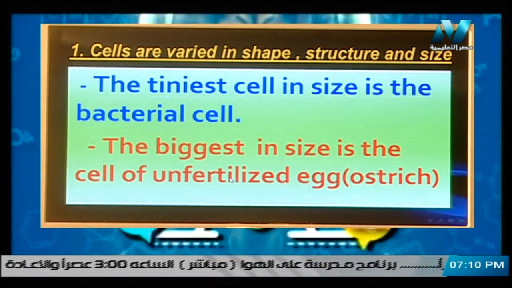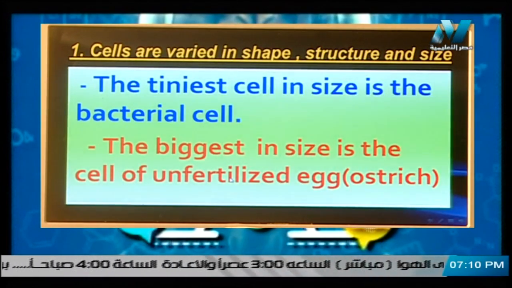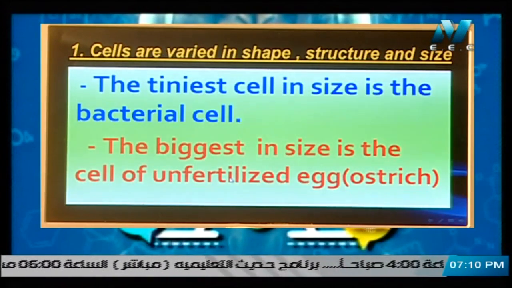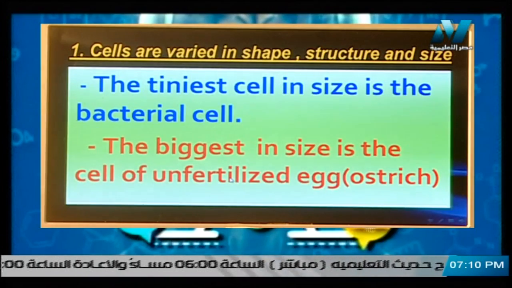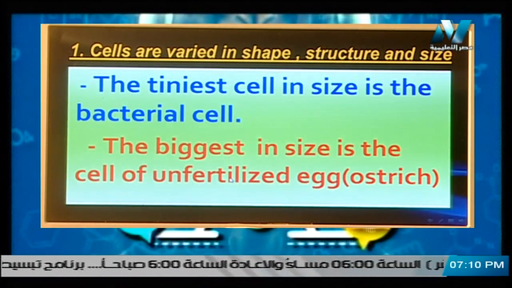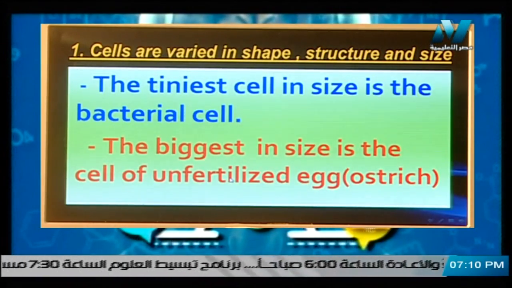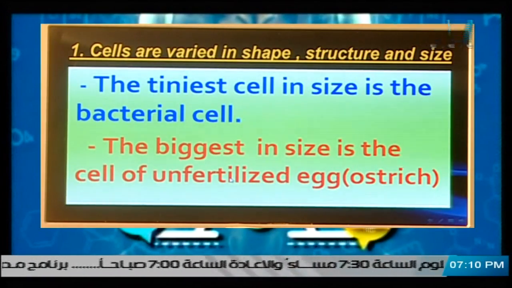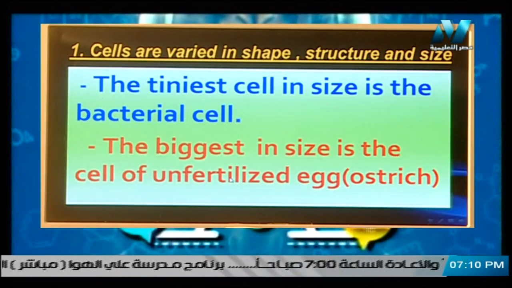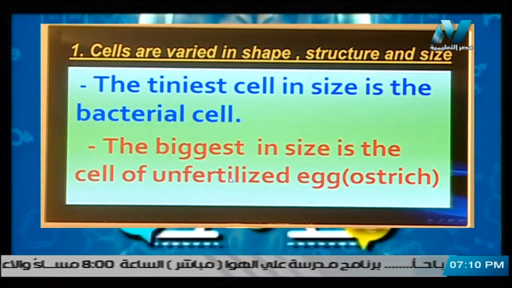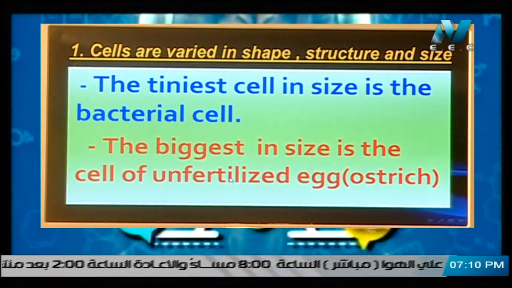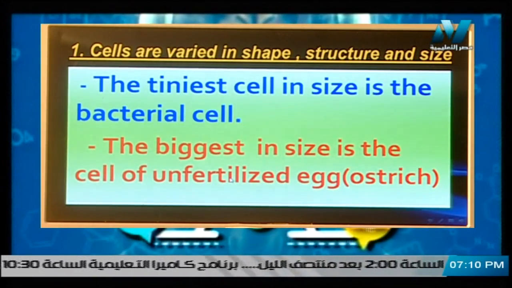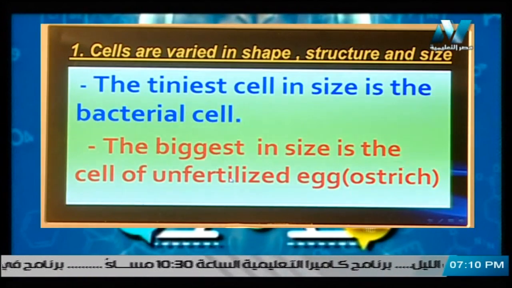But the biggest cell in size we call the unfertilized egg of the ostrich. Of course, we know the ostrich is producing eggs. This egg is the biggest one because it is the biggest bird. Here it is unfertilized. Why did I choose unfertilized? It has no sperm, so this egg has no division. This egg does not undergo cell division, kids, so it is the biggest size cell.